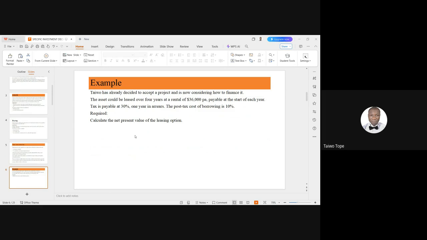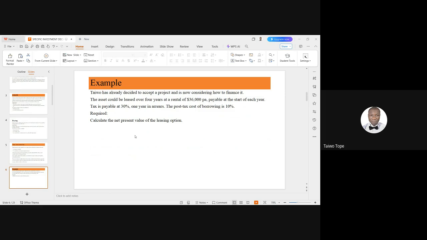It means the outflow will commence from year 0, year 1, year 2, year 3, because it's at the start, not at the end of the year. And that is why it's starting from point 0, 1, 2, 3. So take note of that. Students oftentimes get confused. When it's at the end of the year, it is 1, 2, 3, 4, but at the beginning now, it will be from 0, 1, 2, 3.